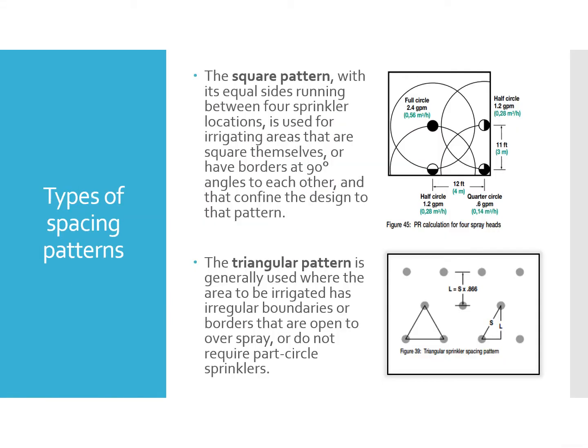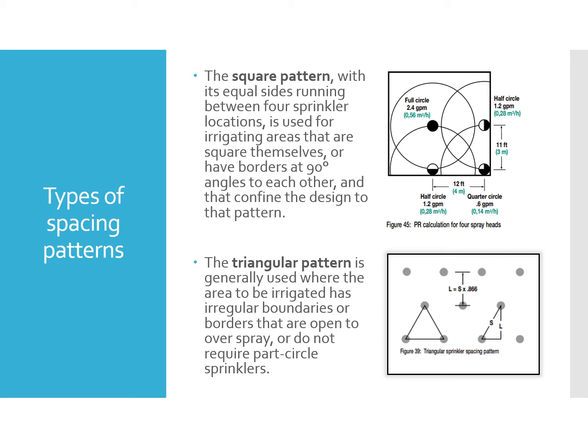Types of spacing patterns. We have the square pattern and the triangular pattern. The square pattern is usually where you have equal sides running along in 90-degree patterns next to each other so that you can have them straight across from each other.